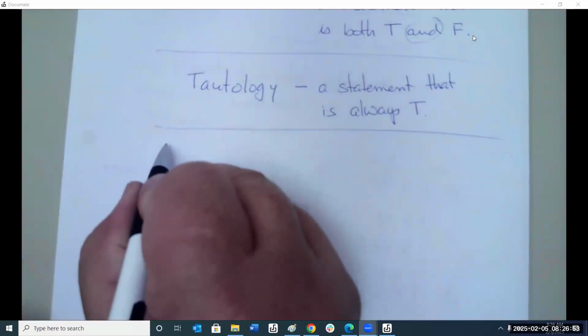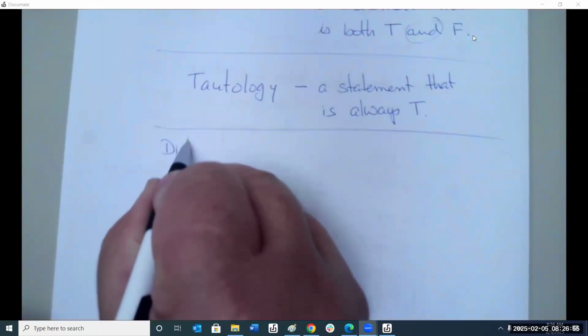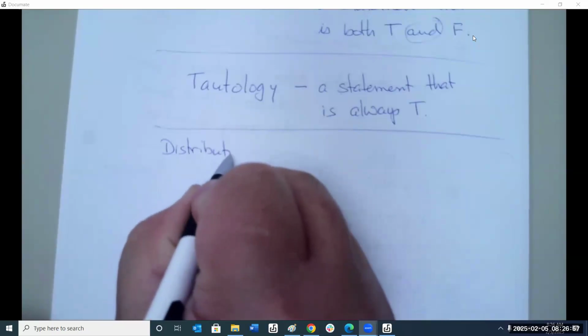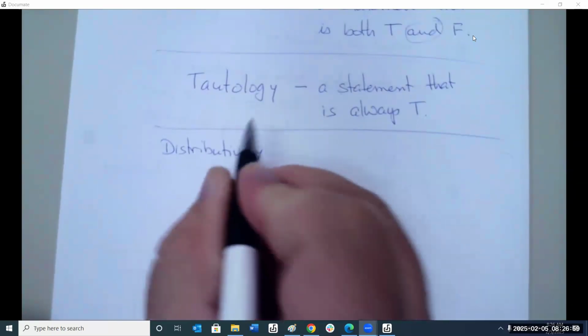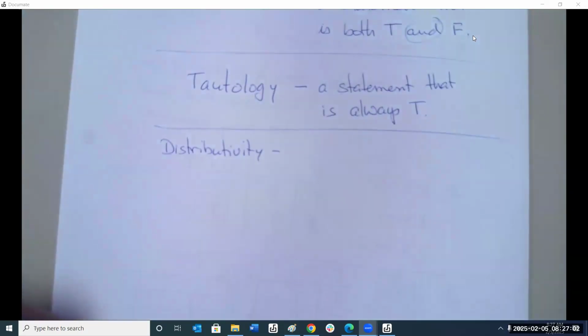All right. Remember this from algebra, distributivity? What is the distributive property?